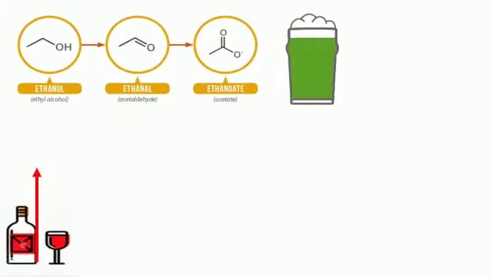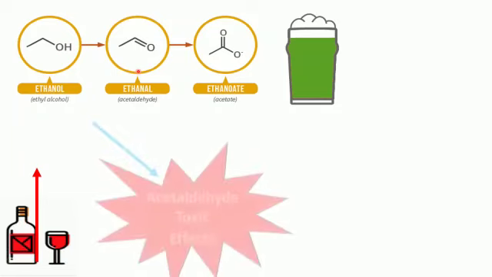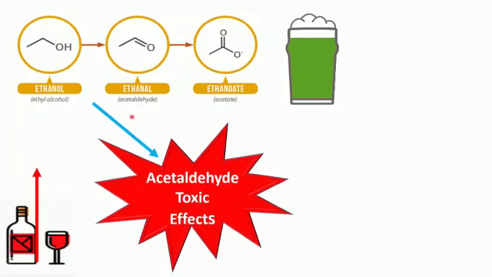Now let us look at the harmful effects of acetaldehyde. On drinking, when ethanol is metabolized, it causes various toxic effects, and these are generally caused due to accumulation of acetaldehyde. Let us look at these effects.